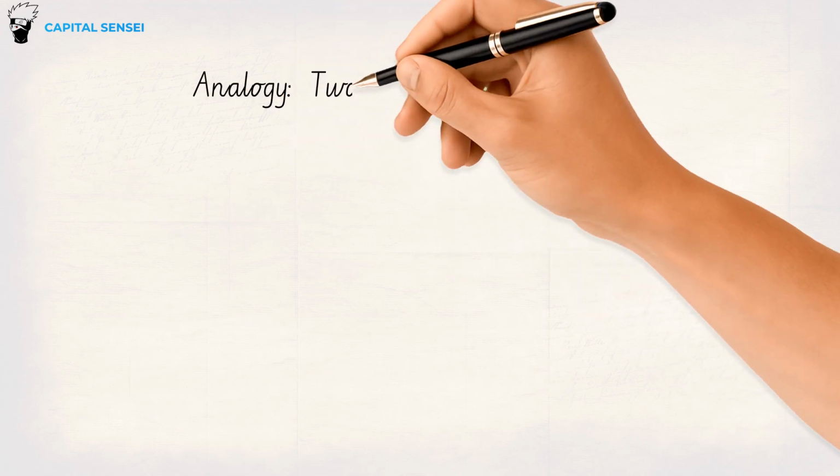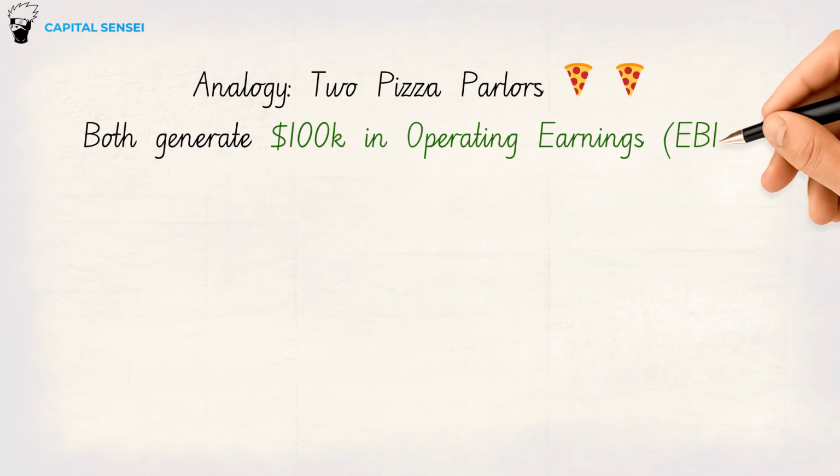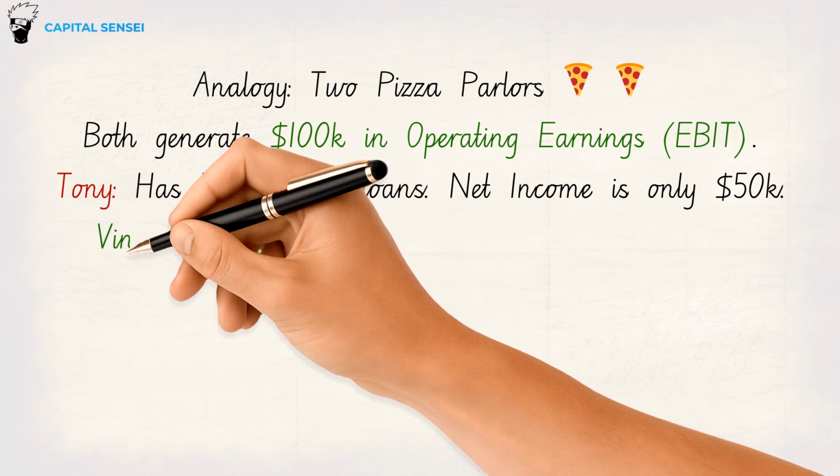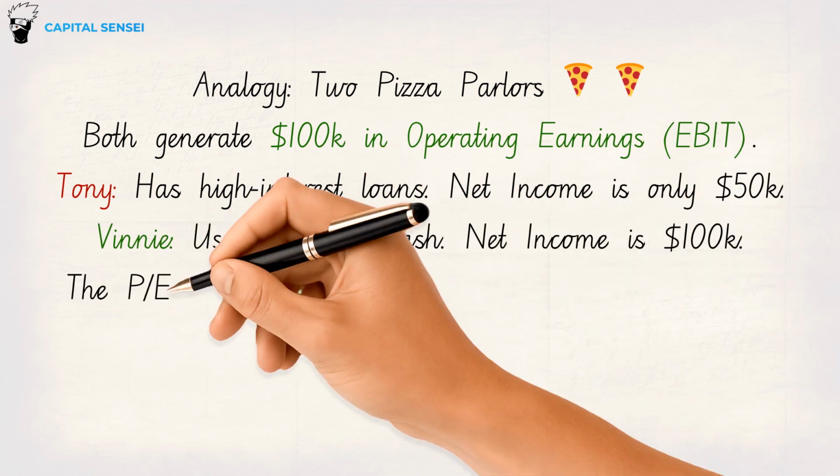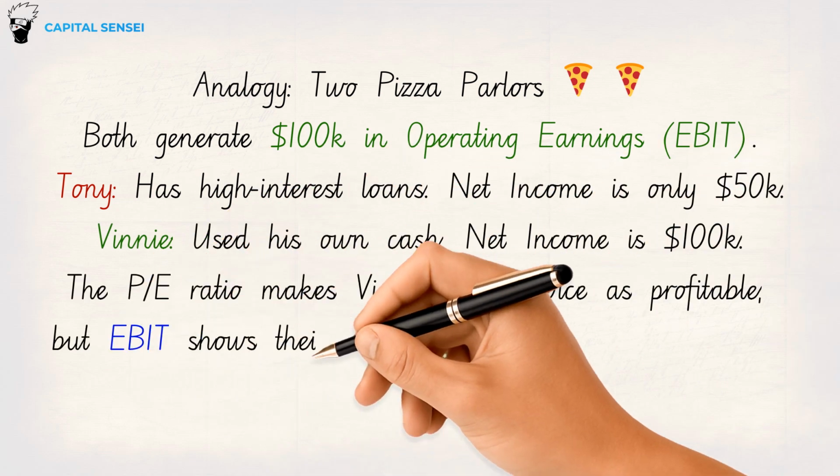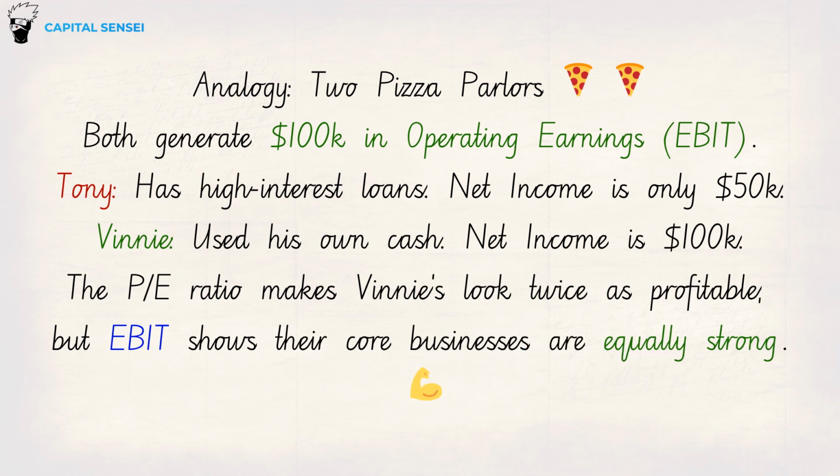Imagine two identical pizza parlors side by side, both selling the exact same number of pizzas for the same price. They both generate $100,000 in profit from their operations. This is their operating earnings. But Tony, the owner of the first parlor, financed his ovens with a high-interest loan, and Vinny, the owner of the second, used his own cash.